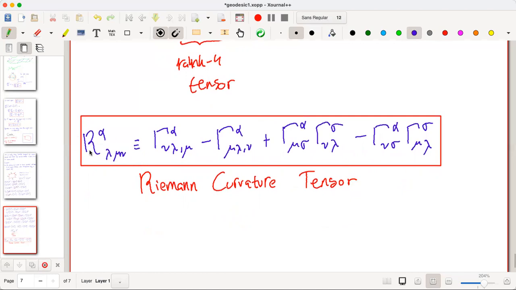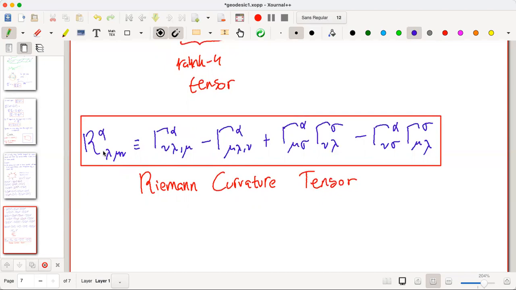Well, this is a tensor with 4 indices. In 4 dimensions, it means we have 4 to the 4th components. So you can imagine 64 times 4, right? So there are lots of components to calculate.